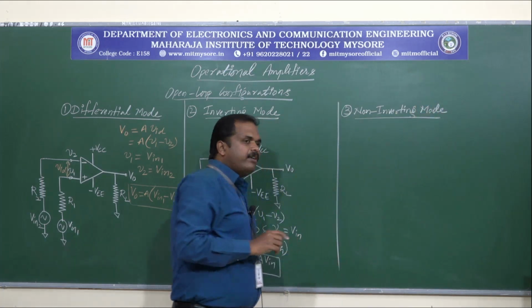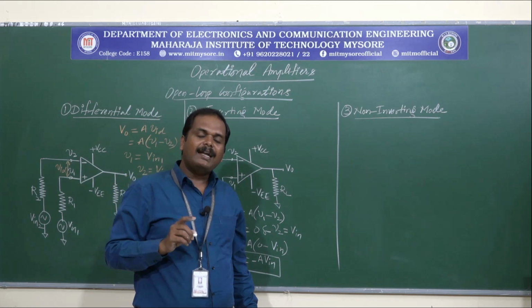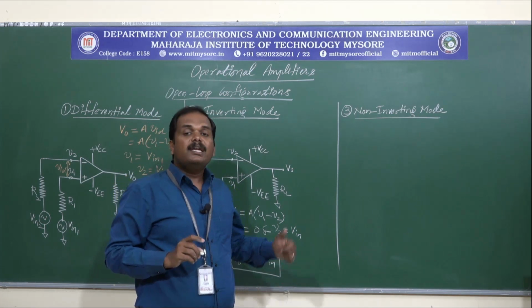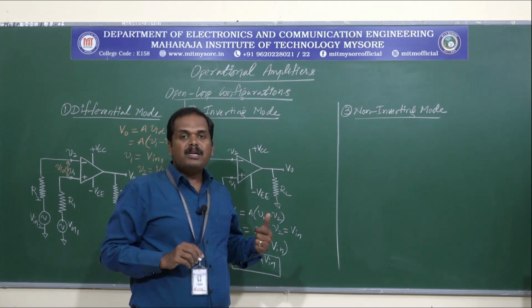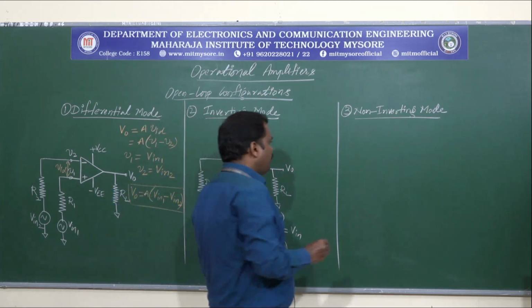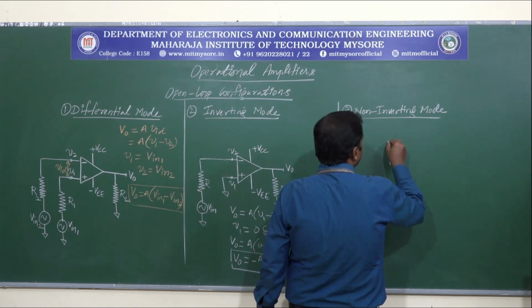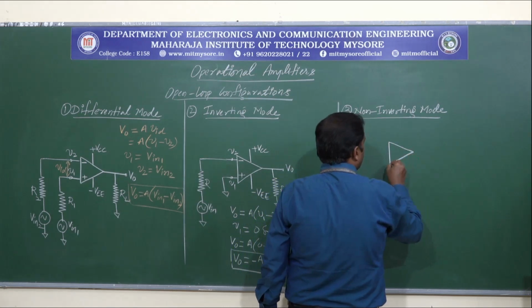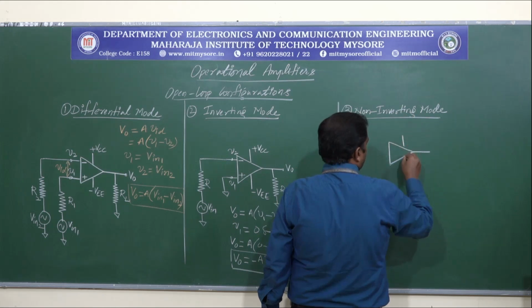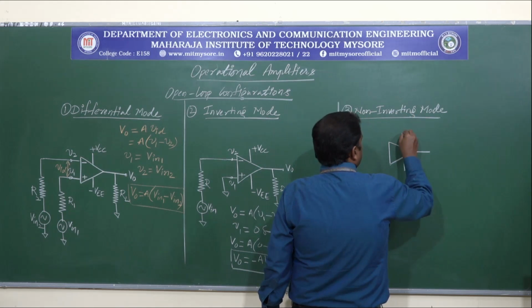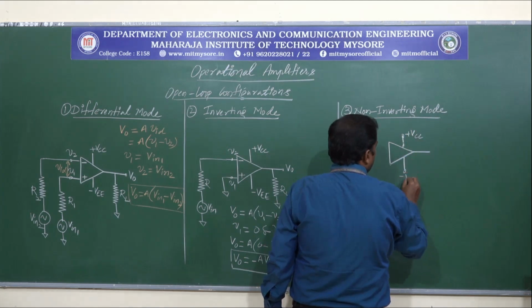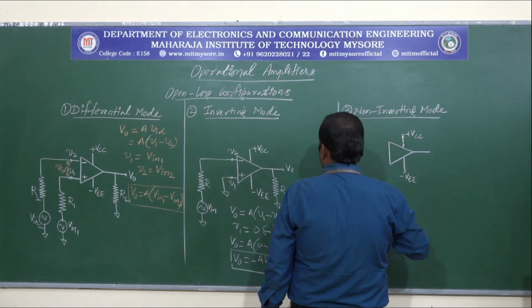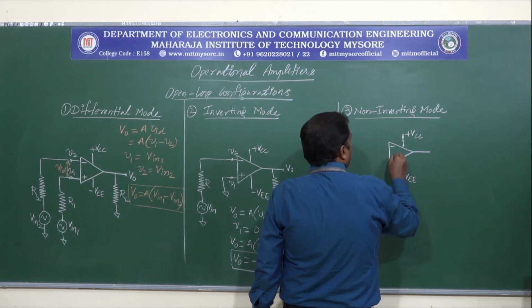So here too we will be having only one input signal and that will be connected to the non-inverting terminal, and the inverting terminal will be connected to ground potential. Let me draw the circuit diagram. This is plus VCC, this is minus VEE, and we have inverting and non-inverting inputs.